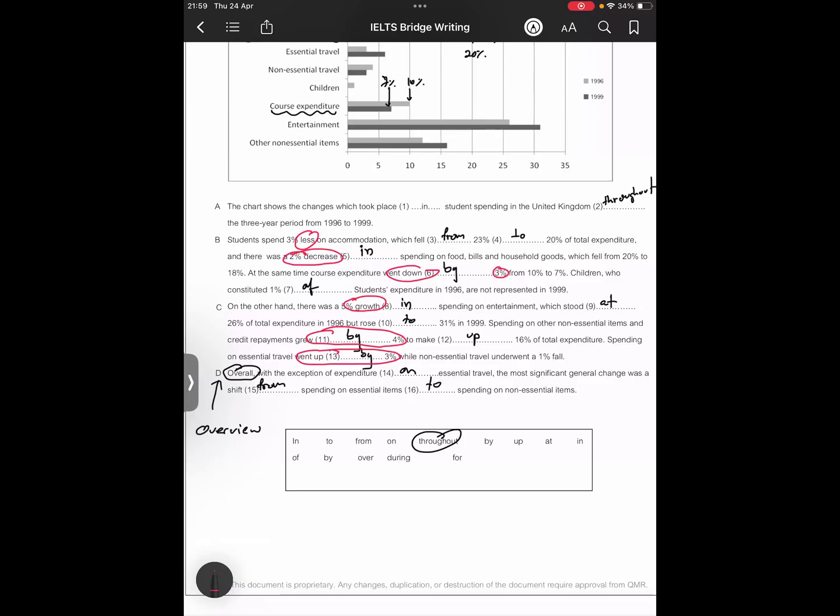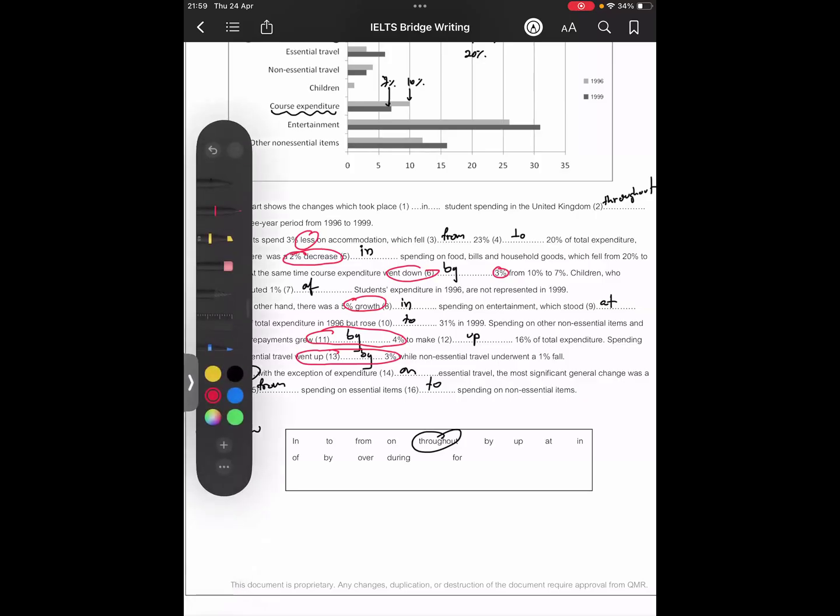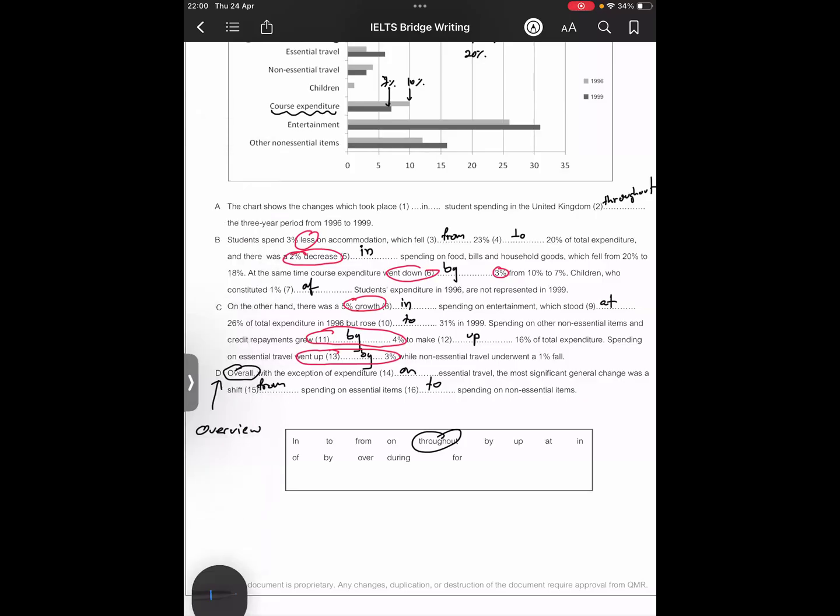Okay, and then they support it by using the initial and final value, right? They support it using the initial and final value.